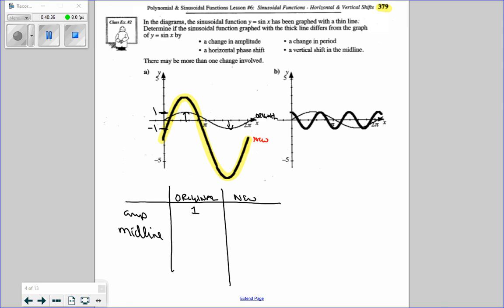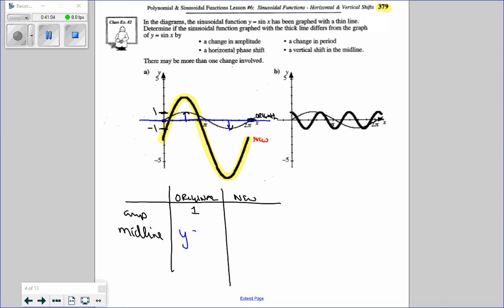The midline. So I'm talking about the original here. The original starts at 0, 0 and finishes. So the original has this as its midline, right? Because it starts on the midline and finishes on the midline. And you can also see it goes up 1 and down 1 off of that midline.